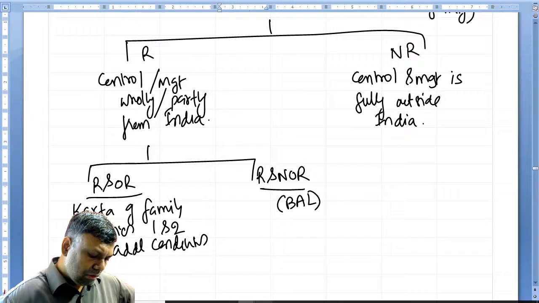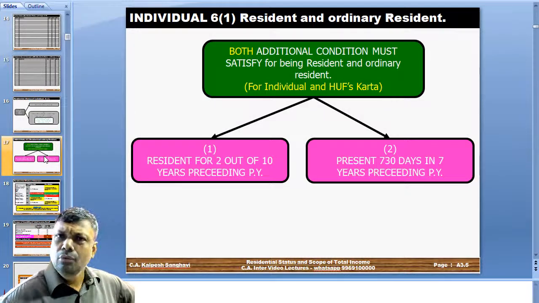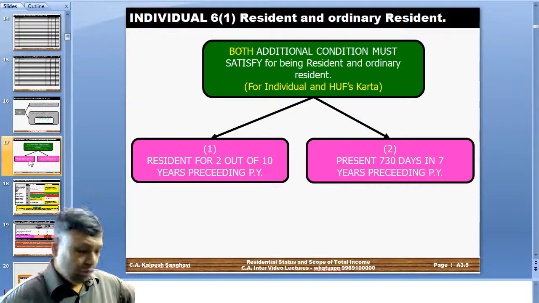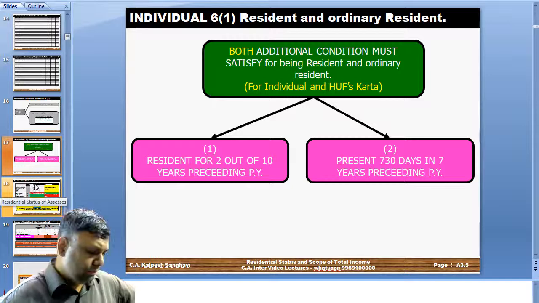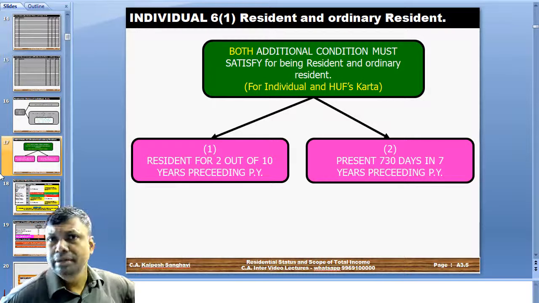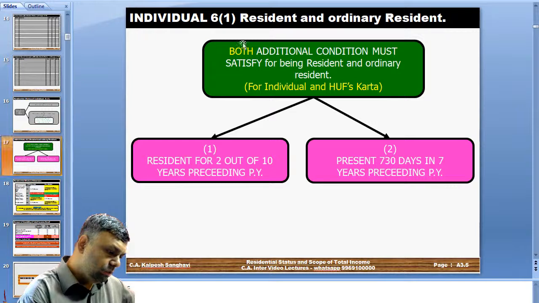Now friends, before I take up the question, I want you all to come to this material and make a small note of this. I want to show you where this printed material is given to you and how you are supposed to read it. Okay. So understand this. Come to this page, friends. See this, both the additional conditions 1 and 2.